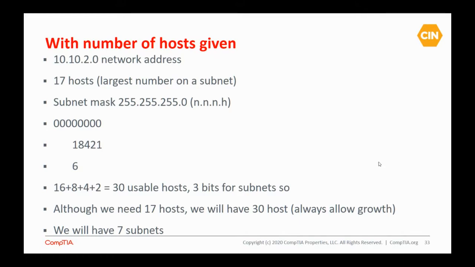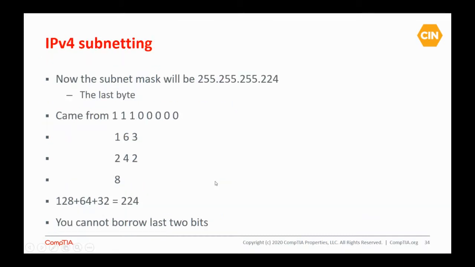So we're going to have 3 bits available for the subnets. So that will allow us 7 or 8 subnets, depending on how it works on it. But you don't ever bump into the top one normally. So our subnet mask will be, for each of our subnets, 255.255.255.224, because that's using the first 3 bits for the subnet, which is in the 128, the 64, and the 32 columns.